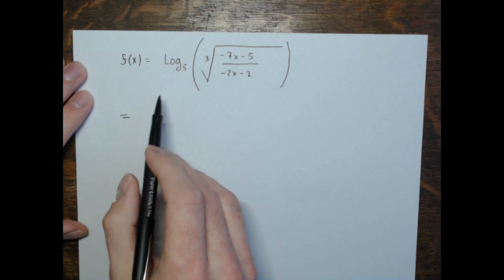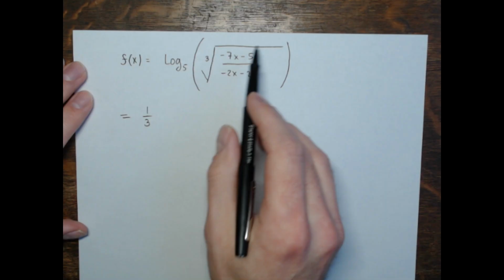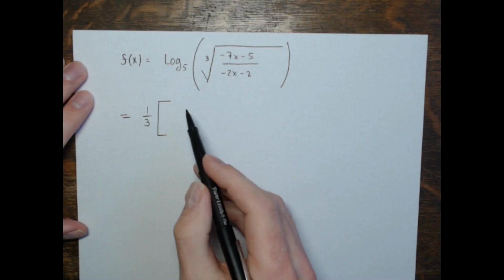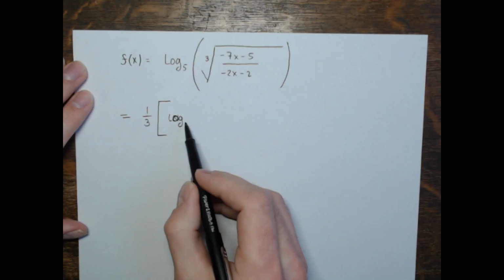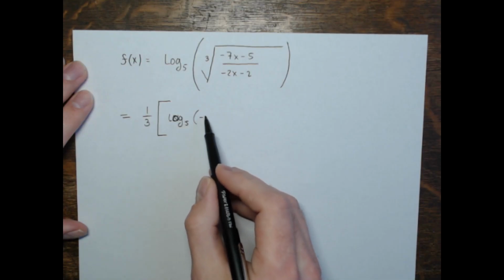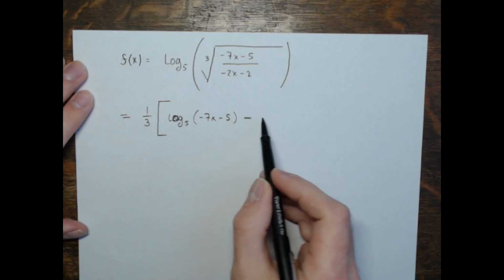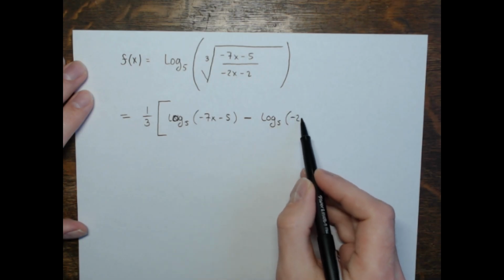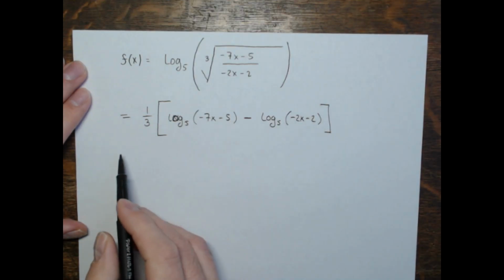So if I go through and use properties of logs, I would pull the 1/3 power out, right? This is all the 1/3 power times the log of a fraction, which I can split up: log base 5 of the numerator minus the log base 5 of the denominator, negative 2x minus 2. All right, so now I can do the derivative.